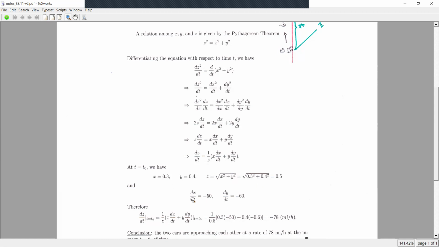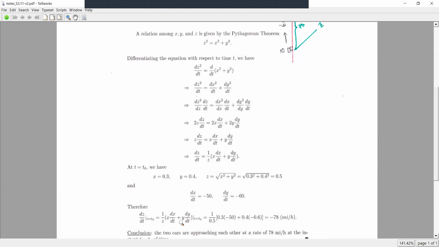Plug in all this information in the derivative of c with respect to the time t. Then we get the derivative of c at the instant t0 is this.